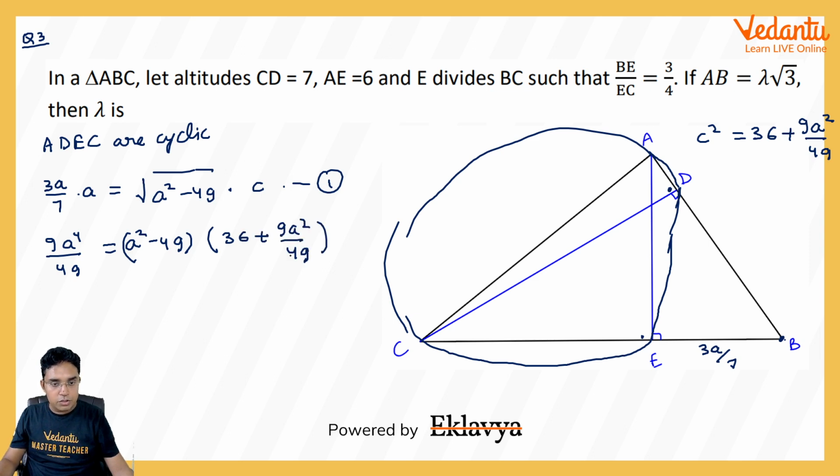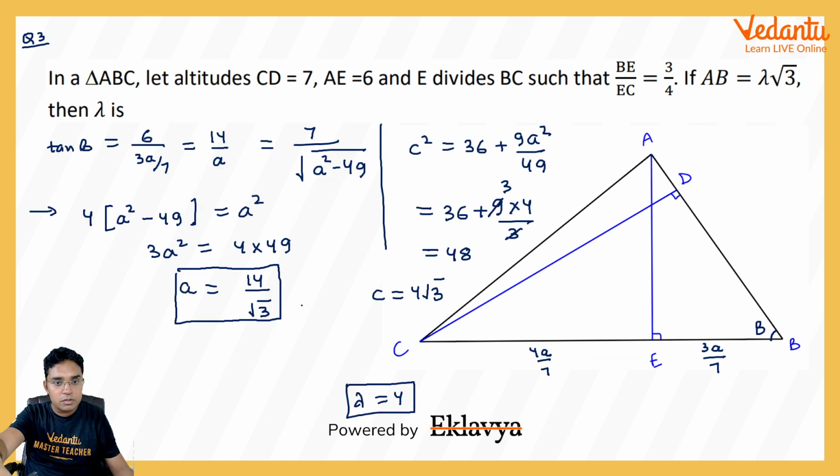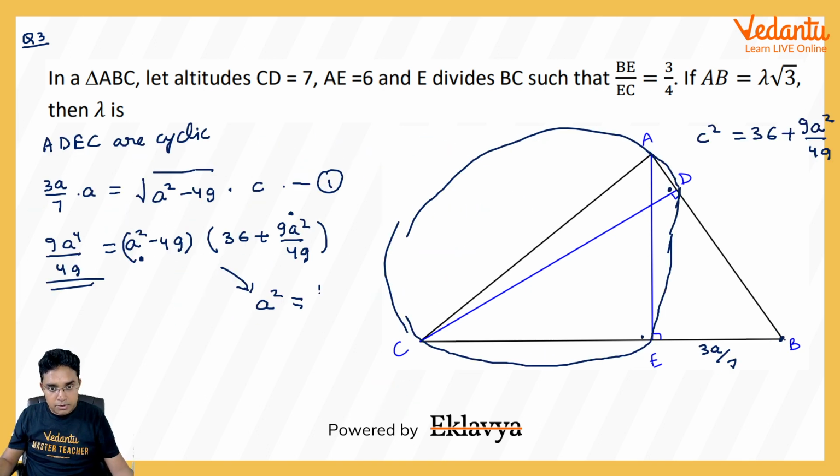Here you can see that the power 4 term will be cancelled as it is on both sides. So using this also you will get A square as the same thing, 196 upon 3. And then to find C square, we make use of this A square, and we can find C square from this also.